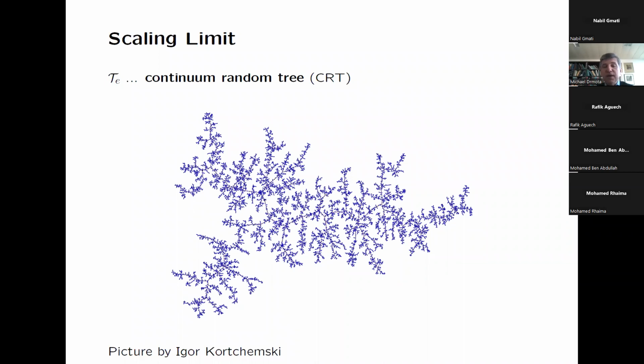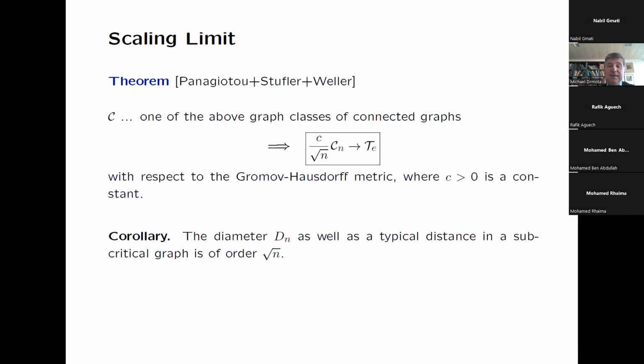So here you can have not only finitely many vertices, but everything is continuous, and it's also random. So this is a very nice object, the so-called continuum random tree. And the nice thing is that it is a universal limit.